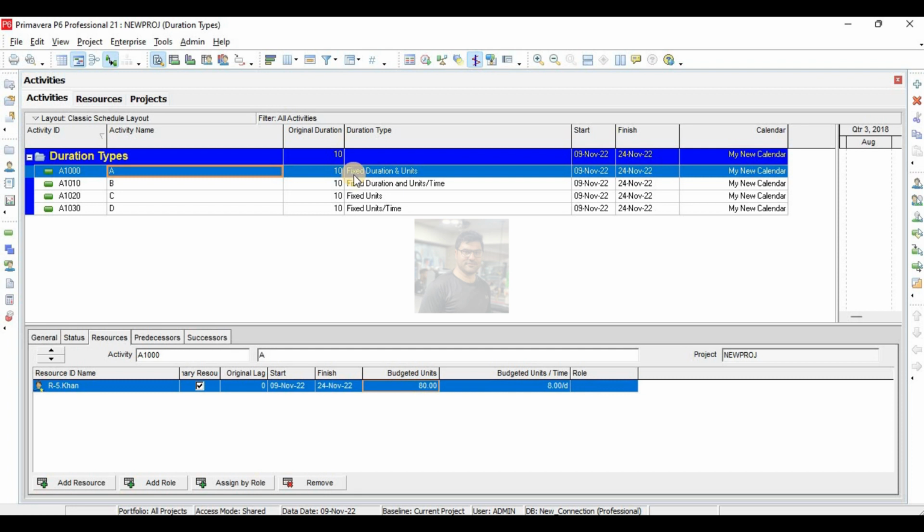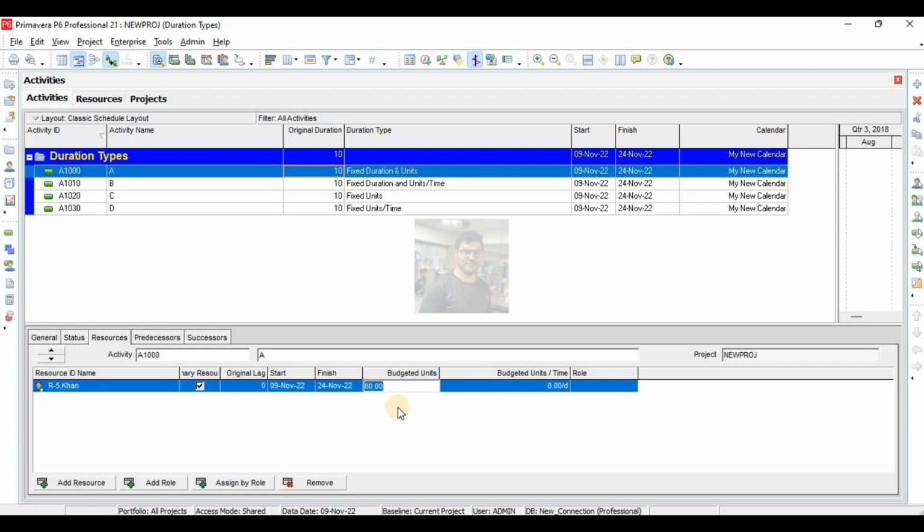We are here talking about duration, so we will see mainly the impact on duration. So here in activity A, Mr. Han is working for 10 days and he is working 8 units per day. So 10 multiplied by 8, he will work for 80 units.